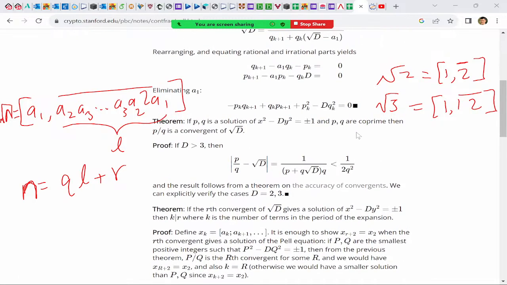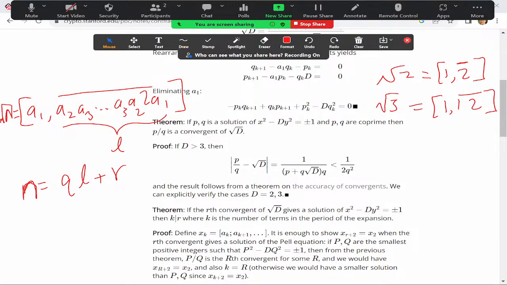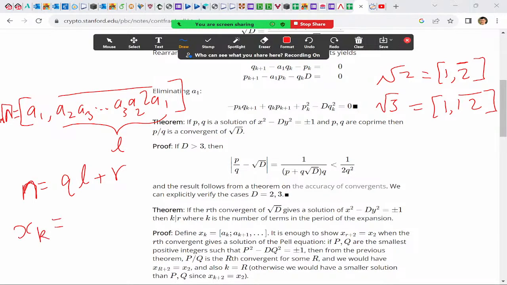Okay, I'll give you one paragraph here. Okay, so xk is like the tail part. Xk equals the tail. So here's probably a very key claim here.